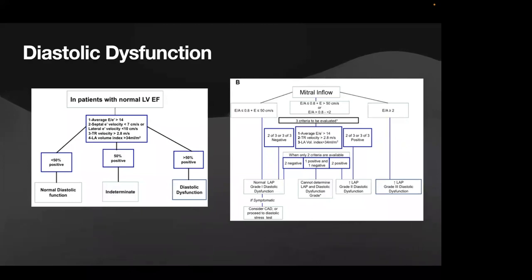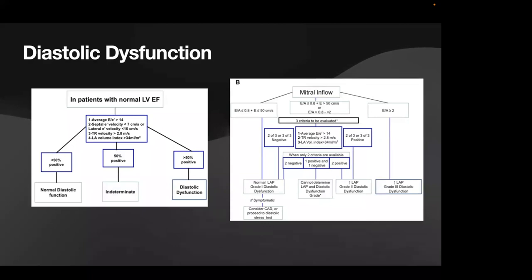For those who might not understand the pulmonary vein patterns as much, you're looking at basically three parameters: your S, your D, and your A. There's going to be flow into the left atrium during systole, during diastole, and there's going to be a reversal of flow in the pulmonary veins due to your atrial contraction.